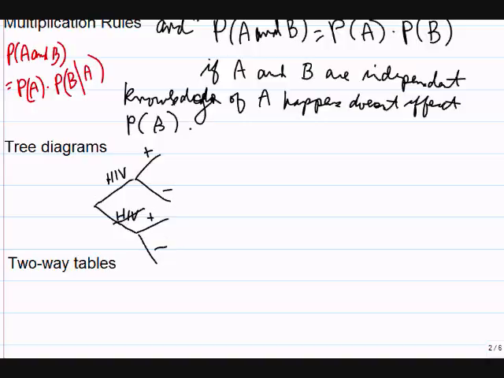And then generally, the AND is traveling down the branch, and the ORs are adding things together at the ends of the branch.